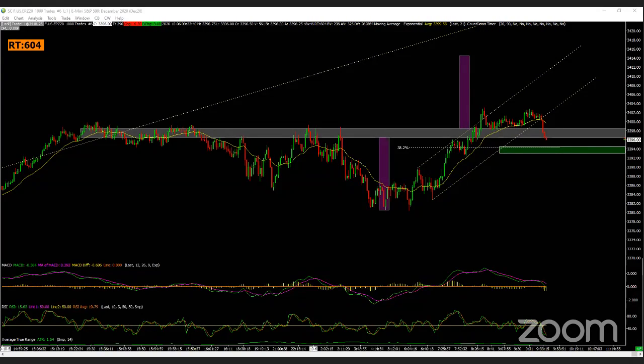We're coming to our 38.2 retracement, but this is a little bit of a collapse. Let me see here what it looks like. So they're going to offer us a pattern. 634.